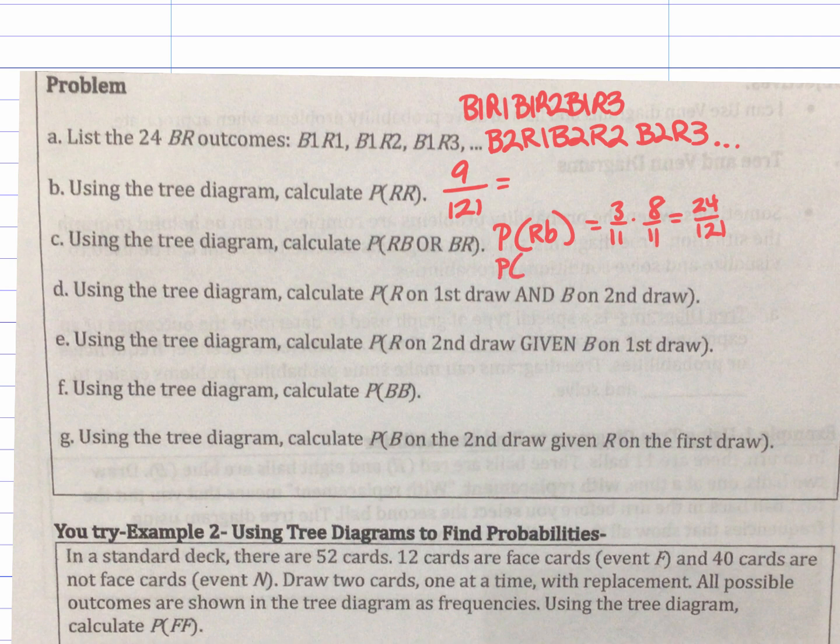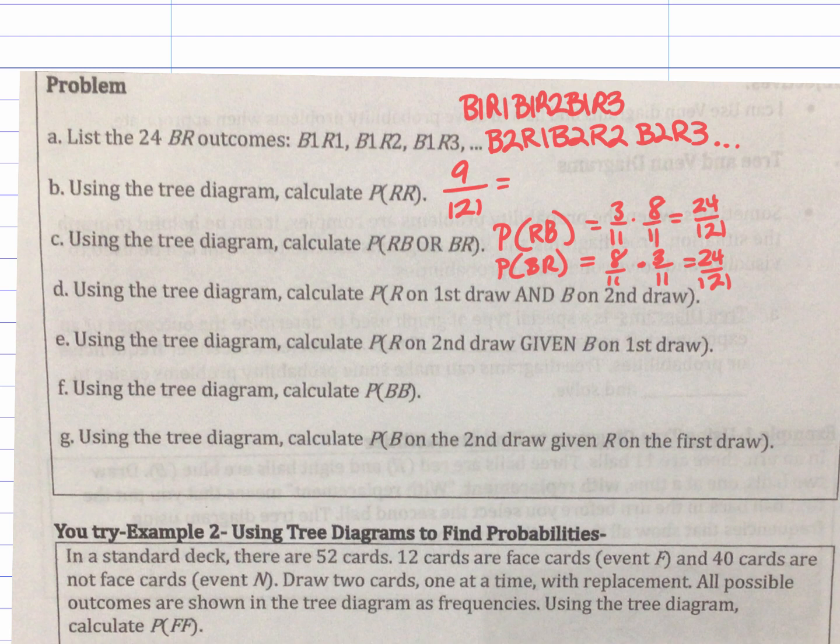And then again, the probability for BR, well, the probability of getting B first is 8 out of 11, and the probability of getting R second, since we are replacing, is 3 out of 11. This would also be 24 out of 121.